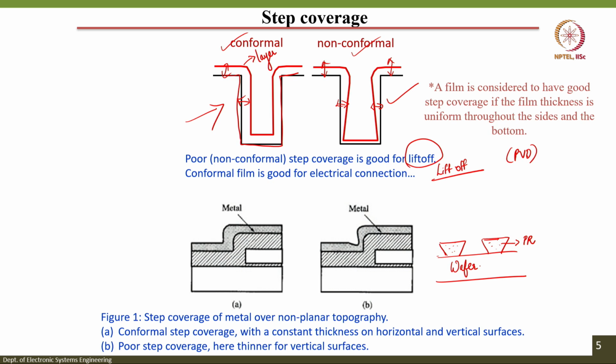After this thin film deposition on your wafer where you have already patterned the photoresist, the layer deposited will be of this particular manner, because in PVD, as we mentioned, the thickness of the thin film deposited in the horizontal direction will not be the same in the vertical direction.